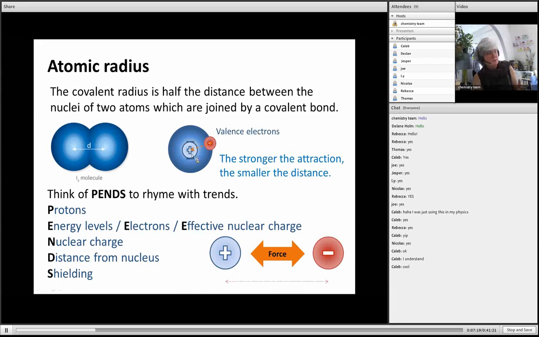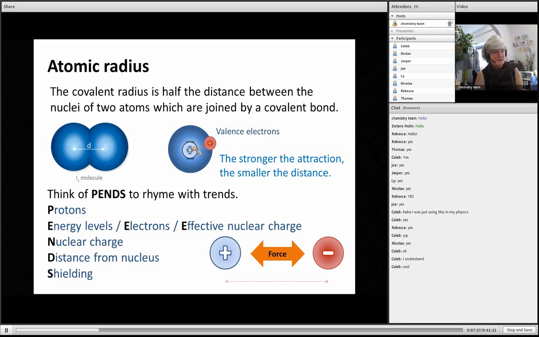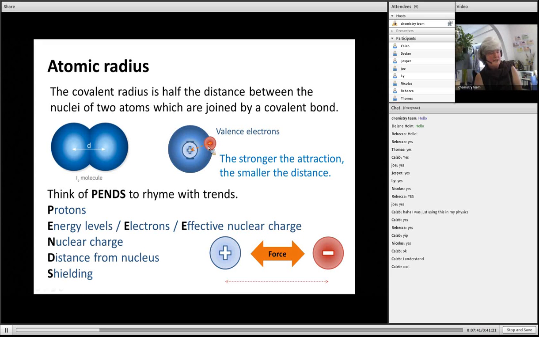Pretty much it's the distance between the nucleus, so that's why we've got the nuclear charge, and the valence electron for ionization energy and for atomic radius. We talk about bonding electrons for electronegativity, and I'll talk about it later. So it's the nucleus and valence electron, and we're looking at the force of attraction between them.